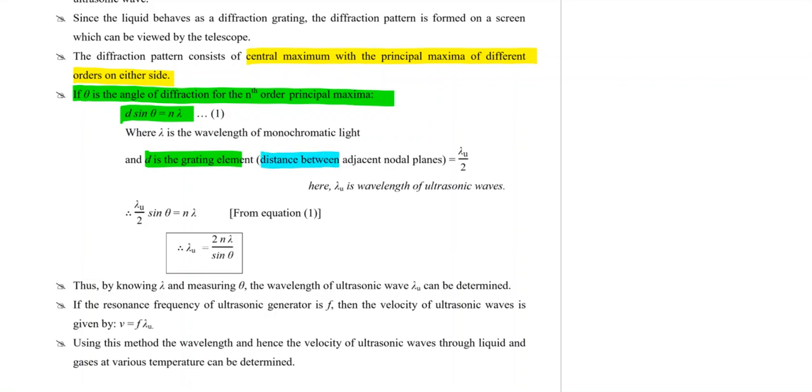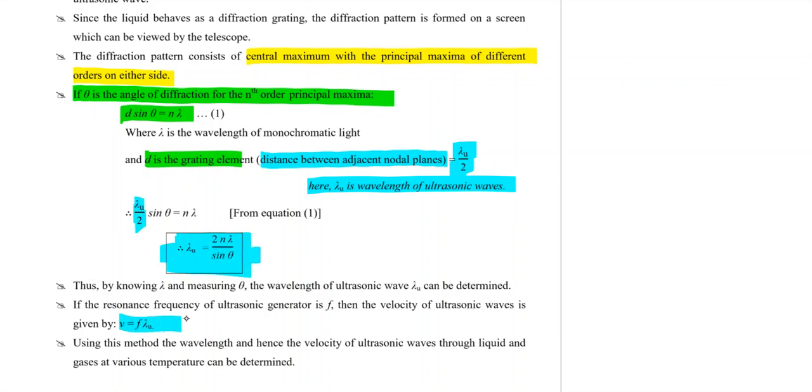It is the distance between two adjacent nodal points, which is equal to lambda u by 2, where lambda u is the wavelength of ultrasonic waves. If we substitute this lambda u here, we get the equation for lambda u, and with the help of v equals f lambda u, we can get the velocity of the ultrasonic wave in a given liquid medium.